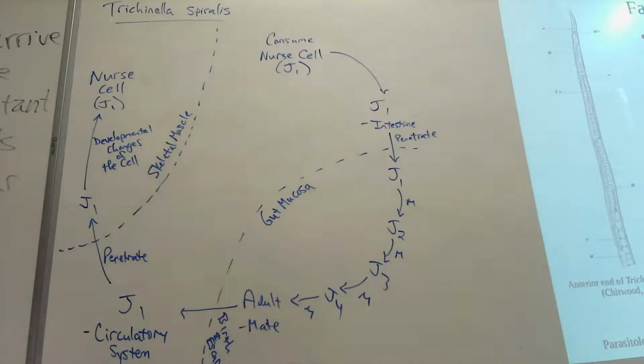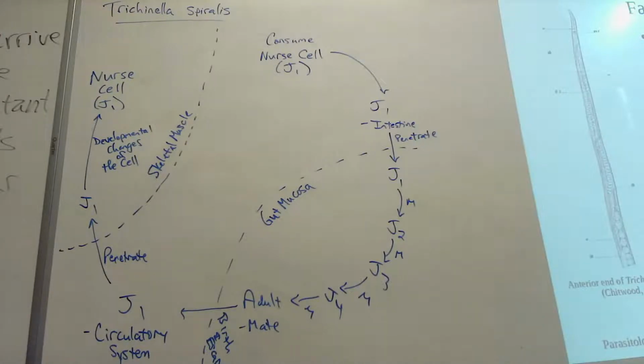They don't live for years. Those adults are going to mate, say weeks to months, and then die. But you still had all these J1s that formed these nurse cells, and now that host is going to be the intermediate host. If the host doesn't get consumed, dead end for the worm. If the host gets consumed, that's great, and the worm continues its life cycle.